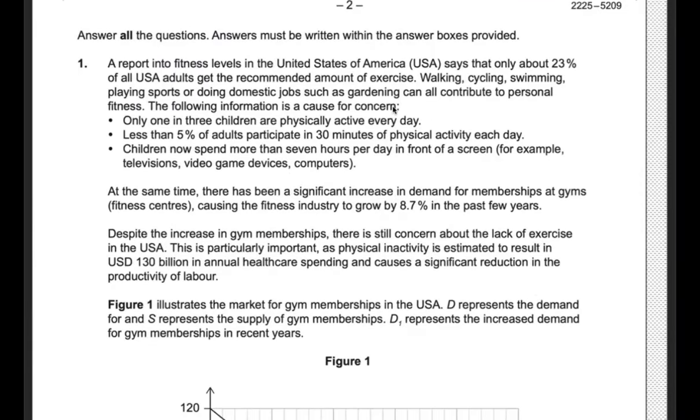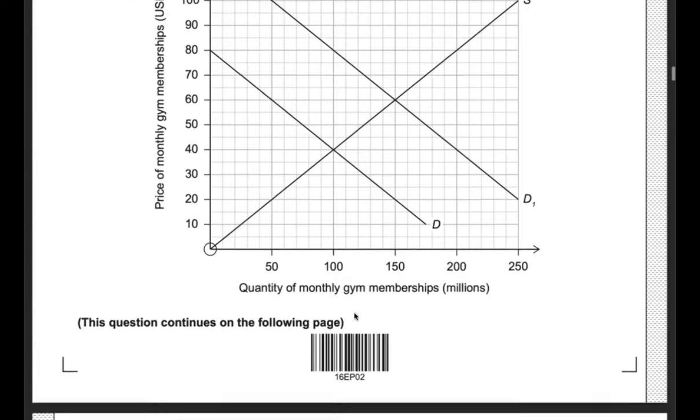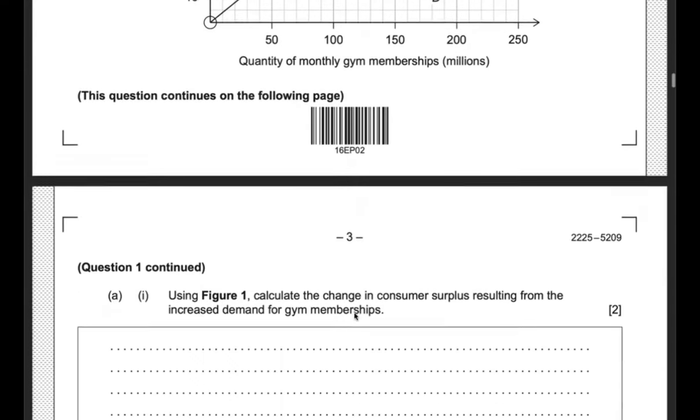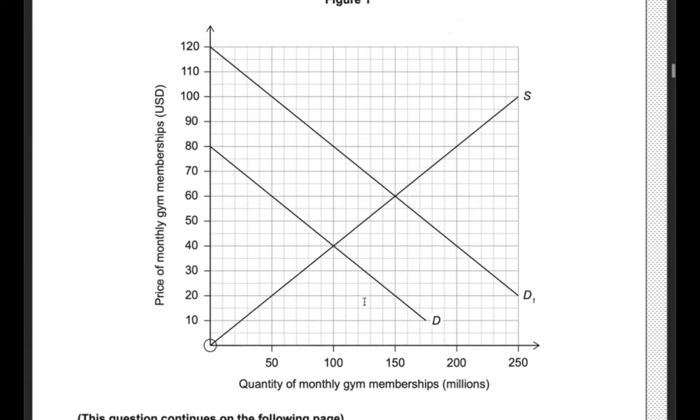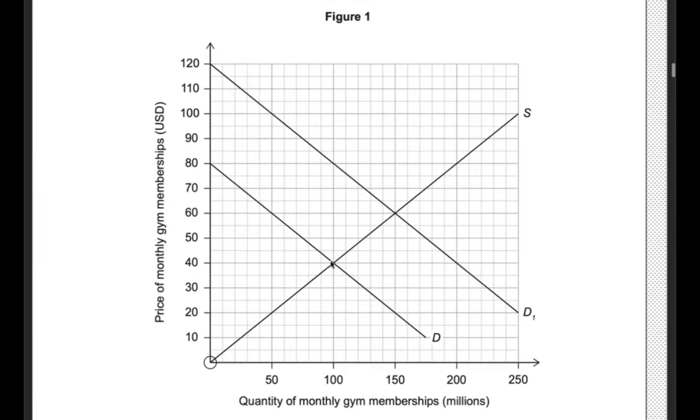All right, question number 1, it's about the country USA and mainly about gym membership related topics. Question A1. Using figure 1, calculate the change in consumer surplus resulting from the increased demand for gym memberships. As you can check from the diagram, the consumer surplus used to be this much triangle, but the demand is increasing.